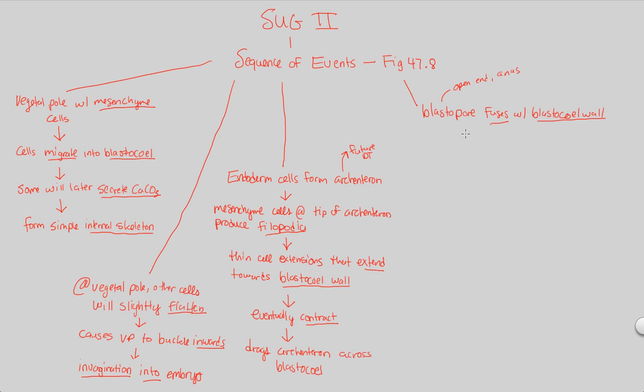But what we have to do now is create the mouth. When we have this fusion with the blastocoel wall, as you'll see in figure 47.8, this site of fusion becomes the development of the mouth opening. It causes the mouth opening to develop directly as a result of this fusion event, thanks to the dragging of the archenteron across the blastocoel. Notice how we're building upon everything that's happening prior and subsequently.